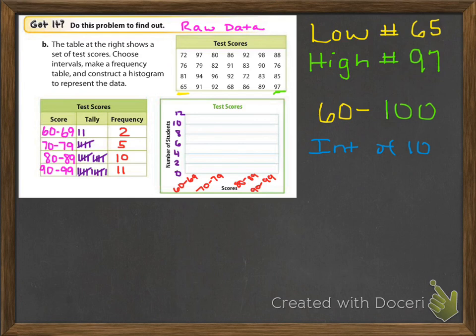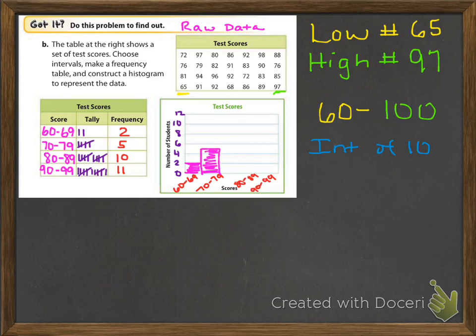So for 60 to 69, we had 2. We got that from our frequency table. So we're just going to go ahead and fill it in up to 2. For 70 to 79, we had 5, so we're going to go all the way up past 4 and about halfway between 4 and 6. I'm trying to make my width here about the same, so I apologize if it's not. I think I'm going to run out of some space here.